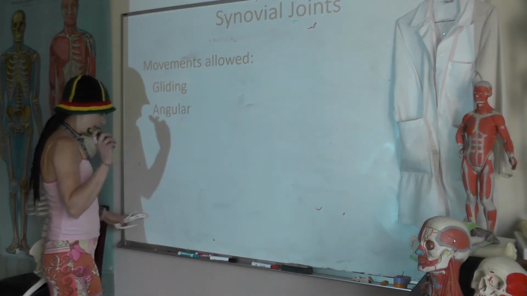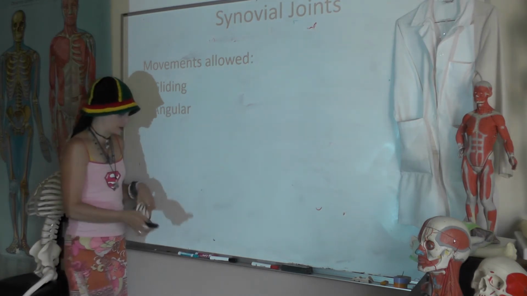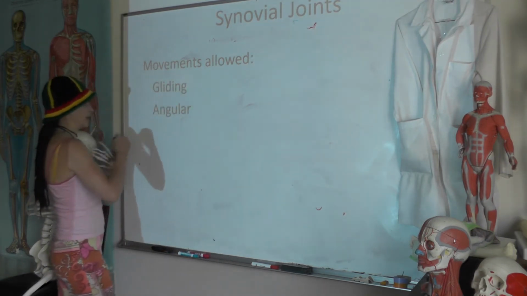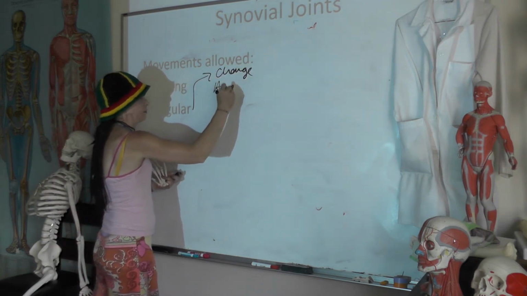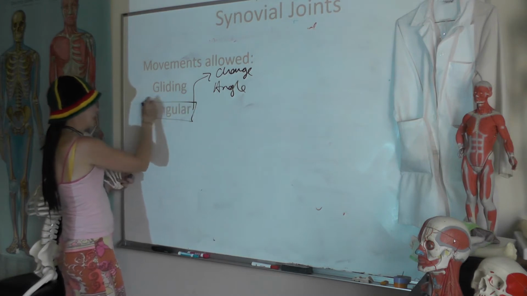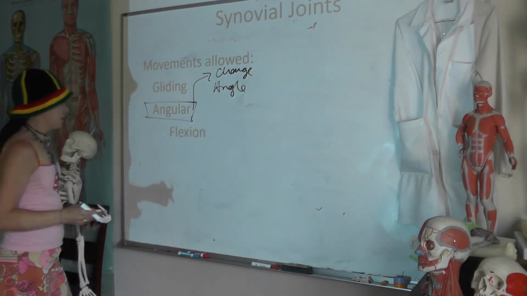Angular movements change the angle between our bones at the joint. So angular, we're changing the angle. And the reason I wrote it up over here is because I'm going to define all of our angular movements.